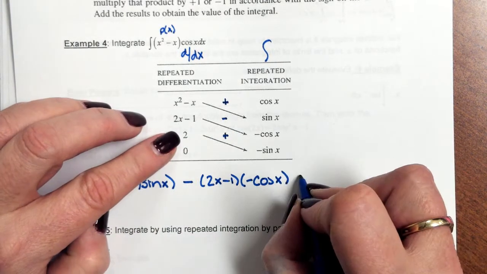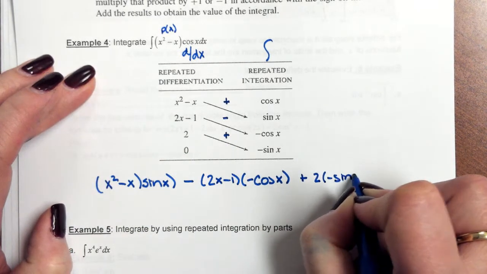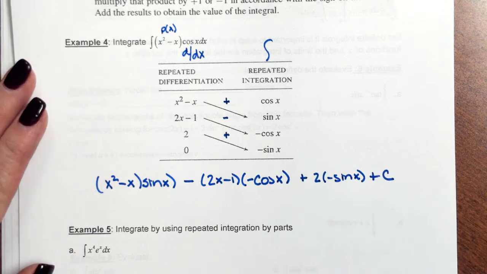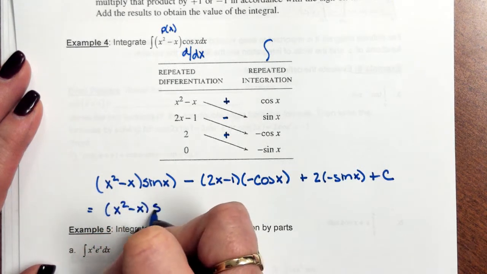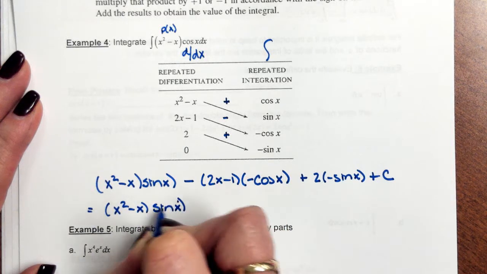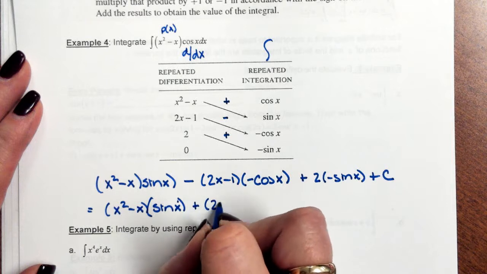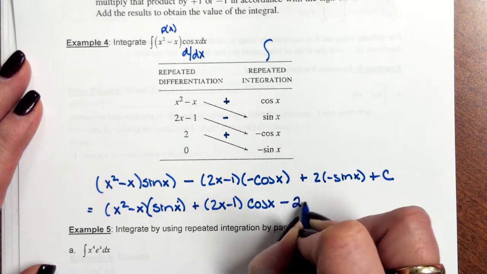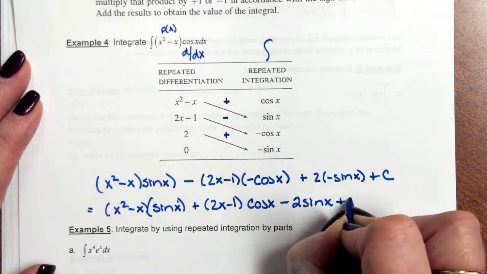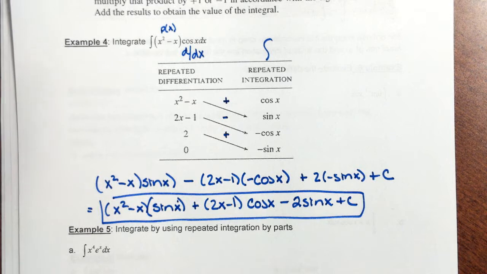And then it's going to be plus 2, because that's a plus, times negative sine of x, plus c. So if I clean this up, that's going to give me x squared minus x times sine of x. Again, these two negatives become a positive, so plus 2x minus 1 cosine of x minus 2 sine of x plus c. So that's the way your tabular method works.